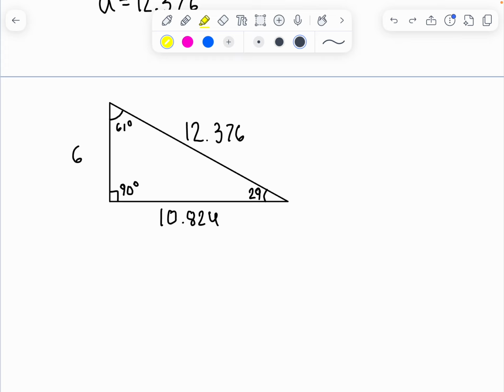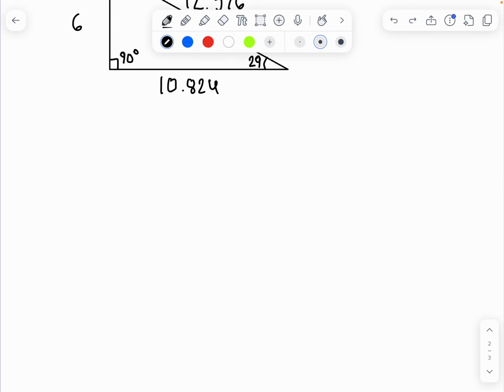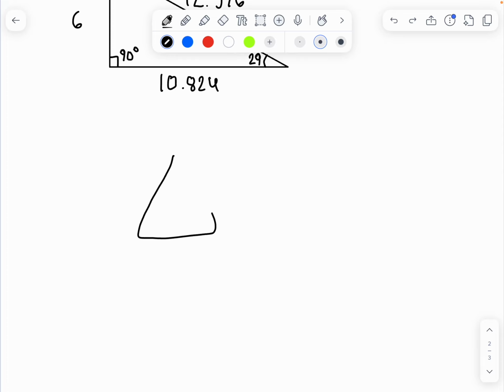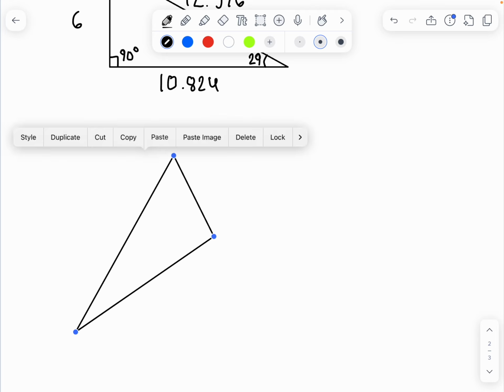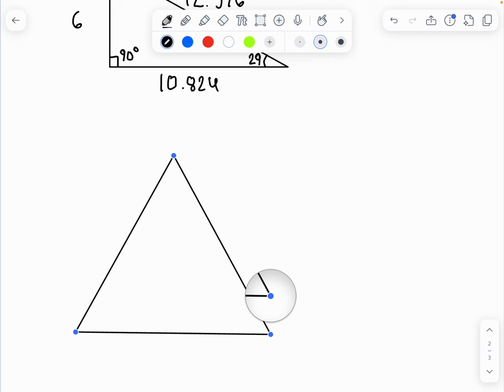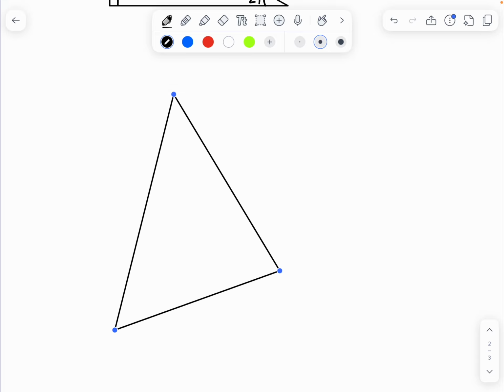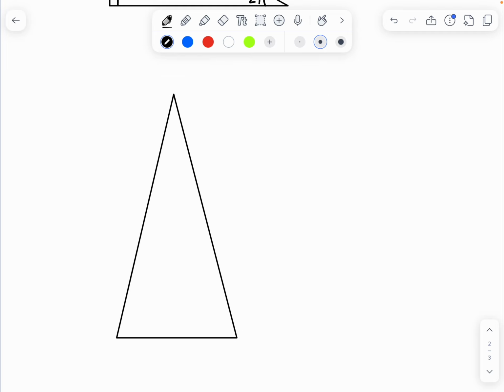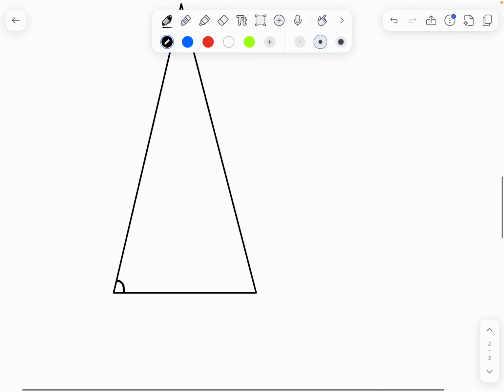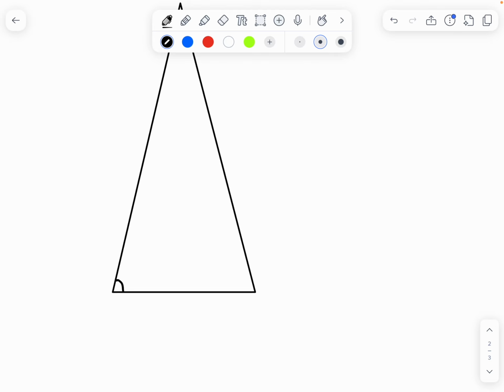Okay, let's work on some more harder problems. This is equal to, let's say, 48 degrees.